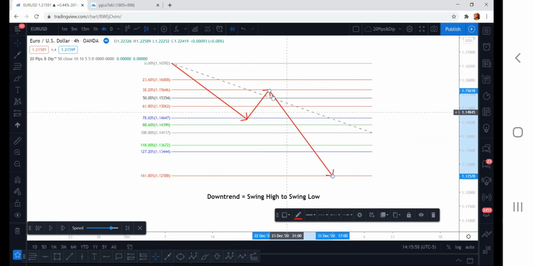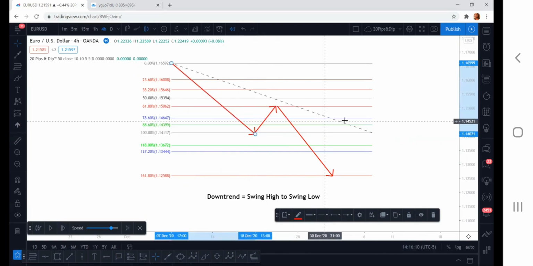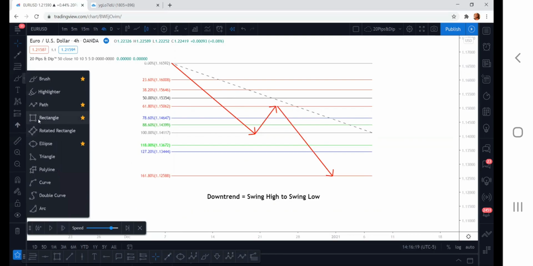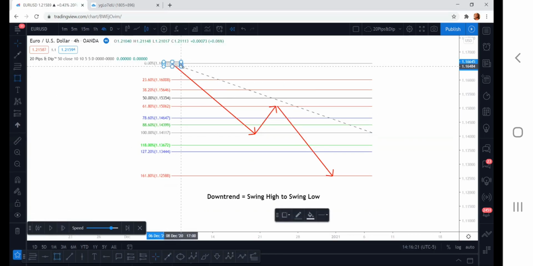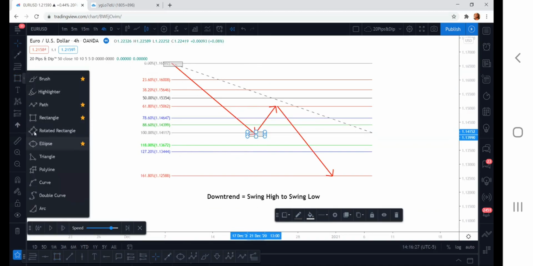My point was typically from the 61.8 to the 161.8 is an equal measured move. This is just textbook right here, what it looks like. You have swing high to swing low. That's the move that you're measuring.